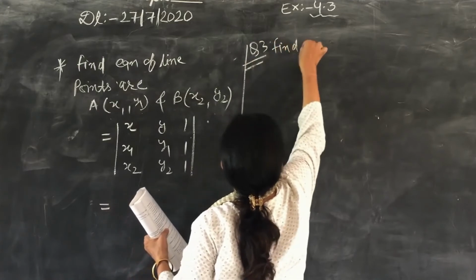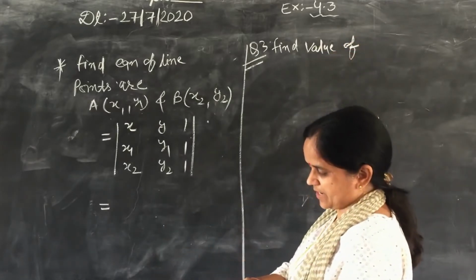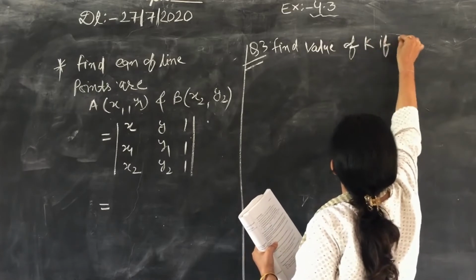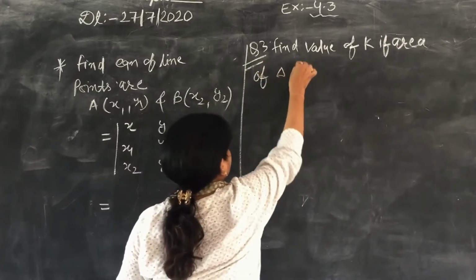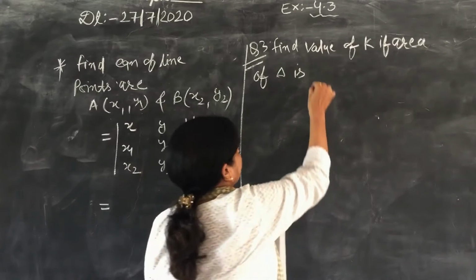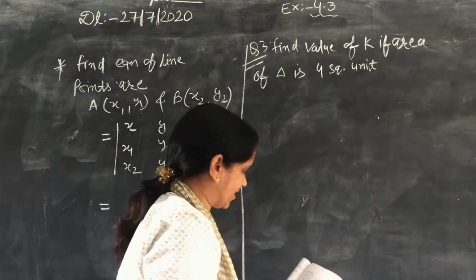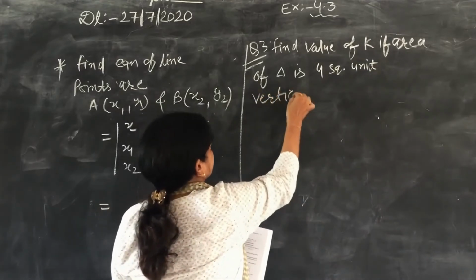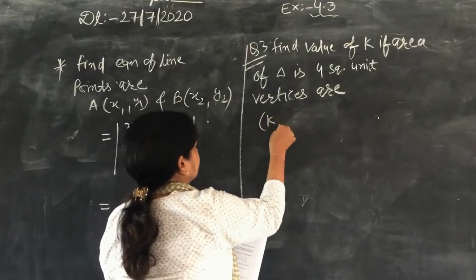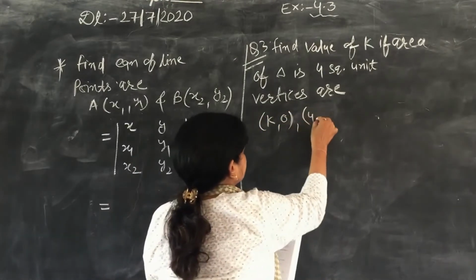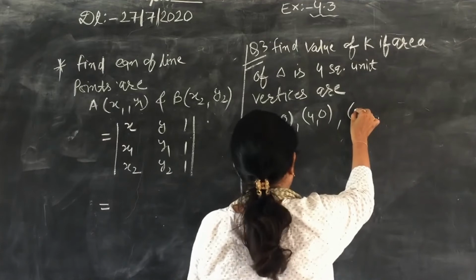Okay students, and now I am taking the question of exercise 4.3. Find the value of k if the area of the triangle is 4 square units. The vertices are given: (k, 0), (4, 0) and (0, 2).